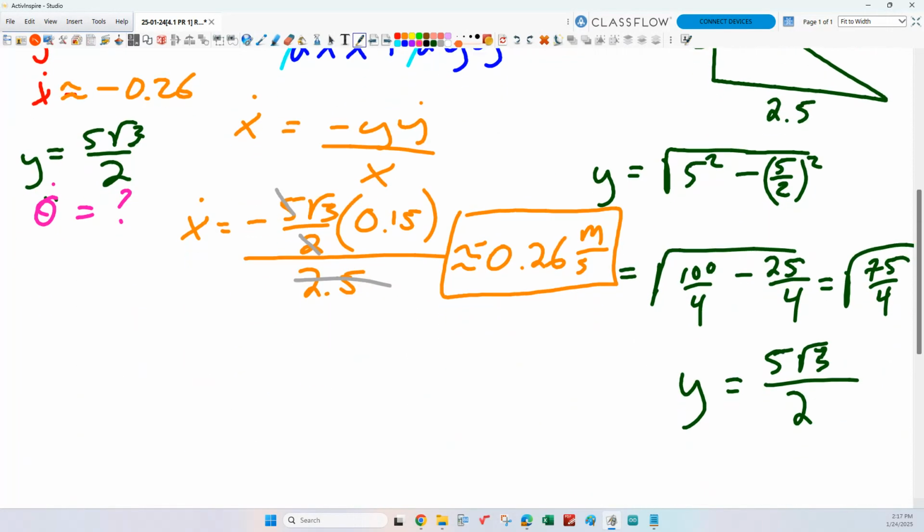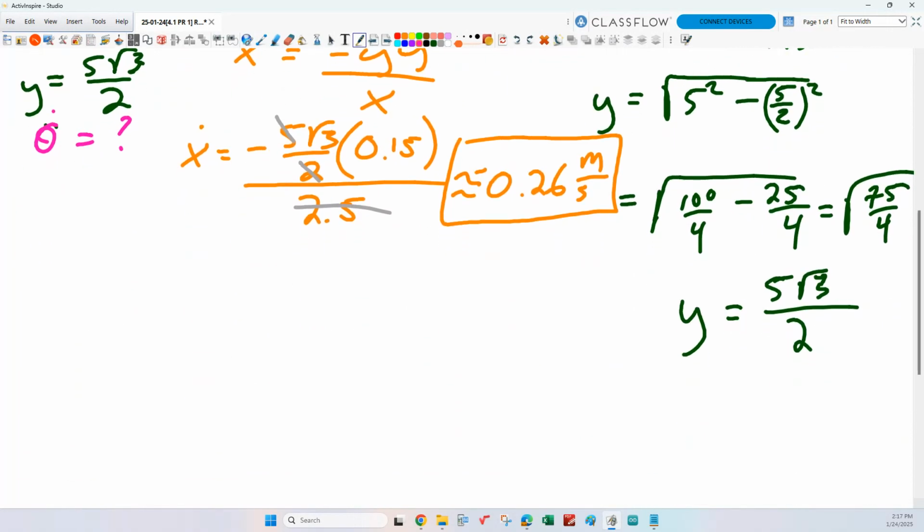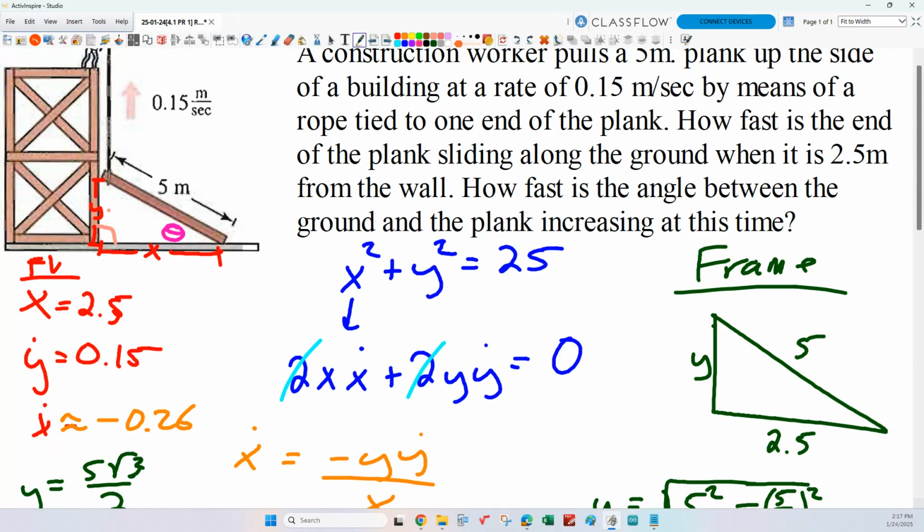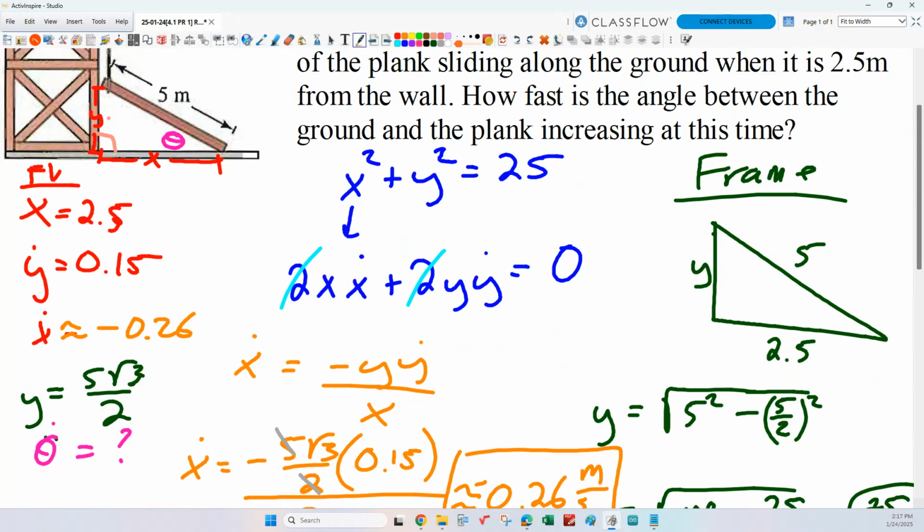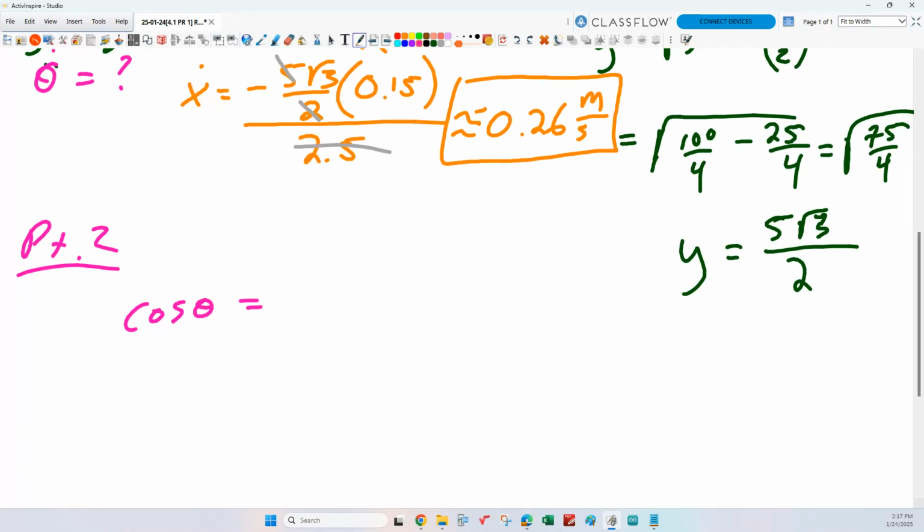Okay, so for part 2, we'll use the parent equation: cosine theta equals x over 5, right?